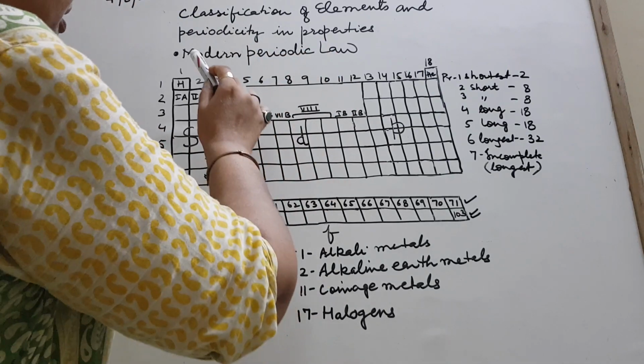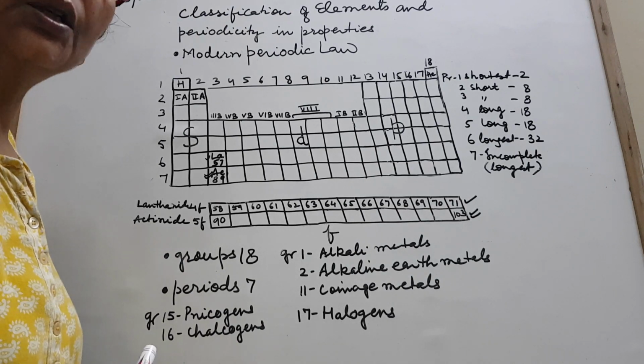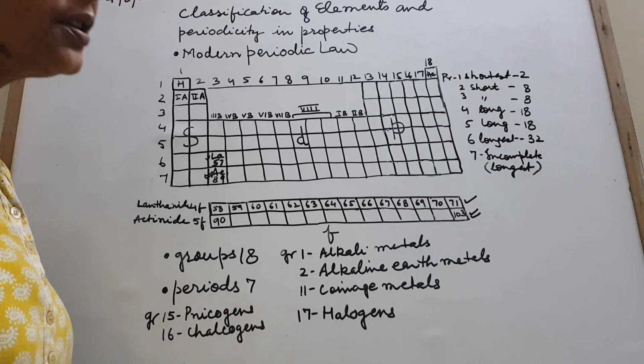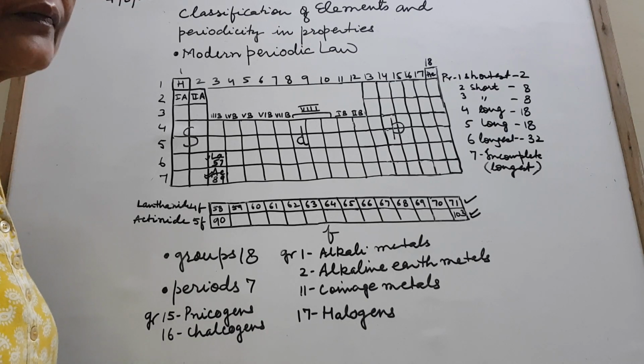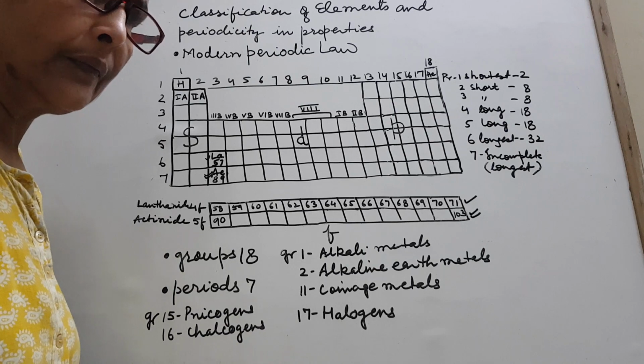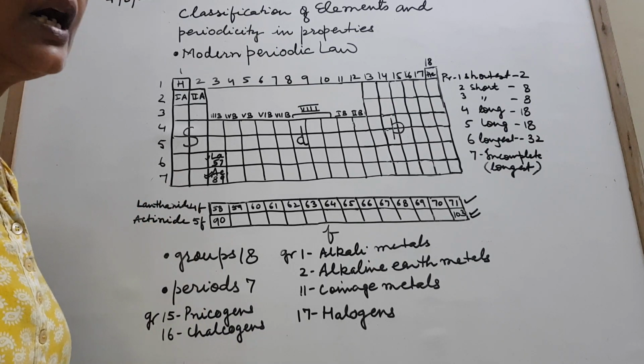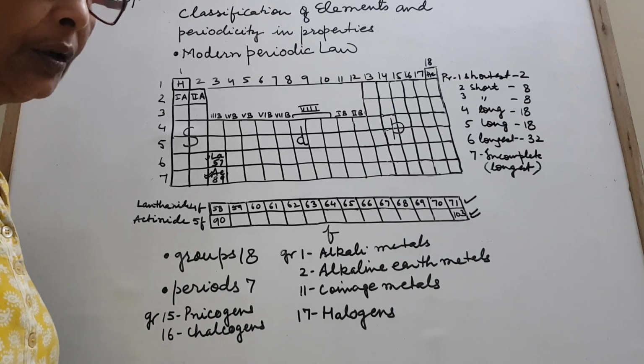So the first topic given there is modern periodic law. Children, this you know from class 10 also. What is modern periodic law? Modern periodic law was given by Moseley. I hope you all know.